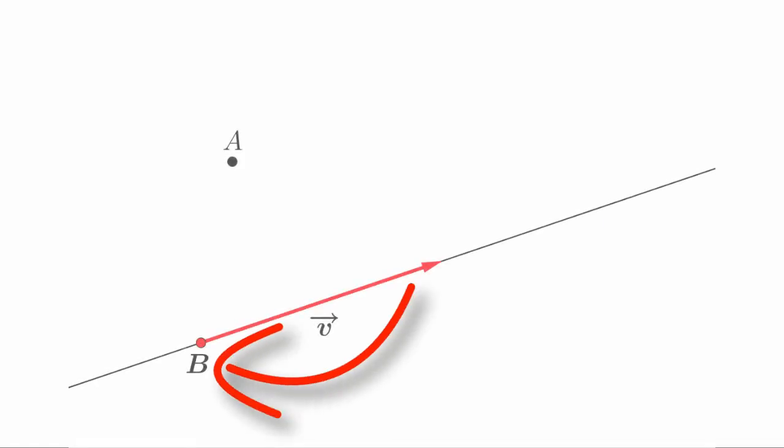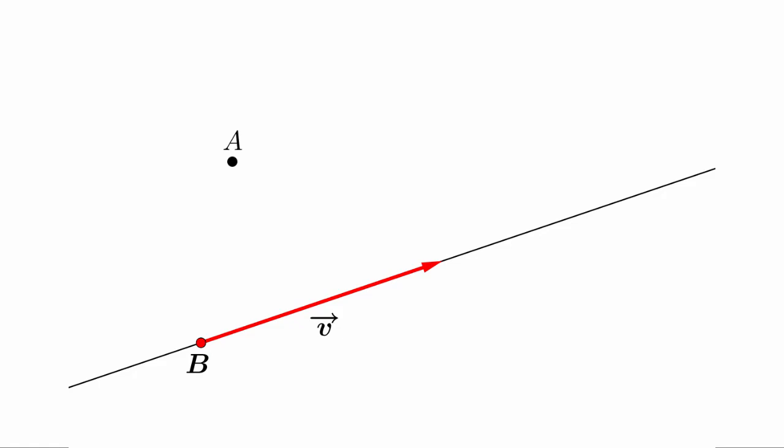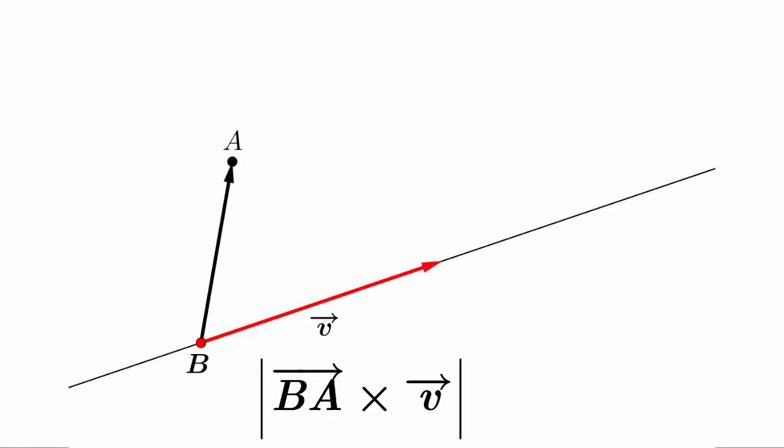An important problem which arises often in applications is finding the distance between a point, say A, and a line whose direction vector is V. To accomplish the task, we first pick an arbitrary point B on the line and move the vector V so that its initial point coincides with B. We recall that the magnitude of the cross product BA cross V is the same as the area of the parallelogram spanned by these two vectors.